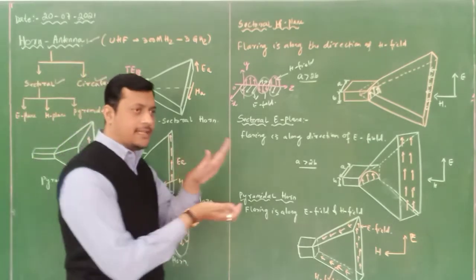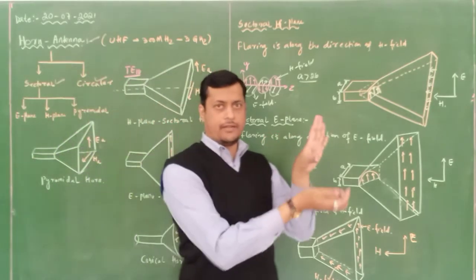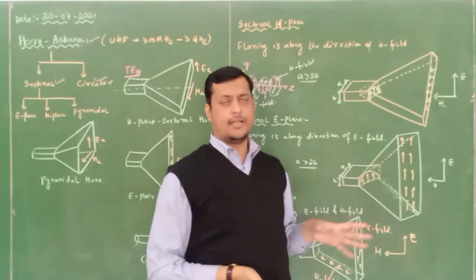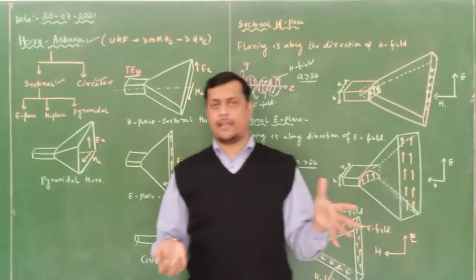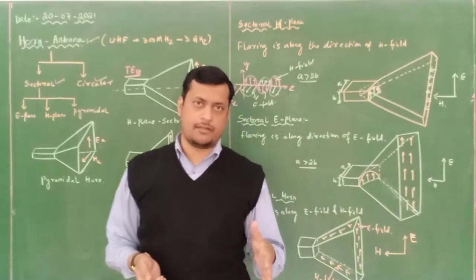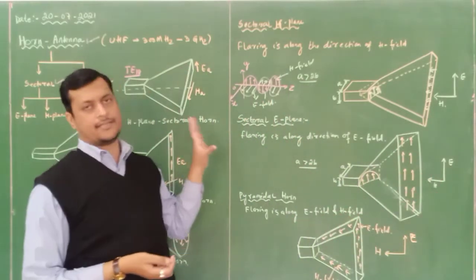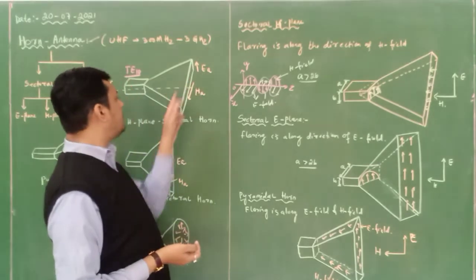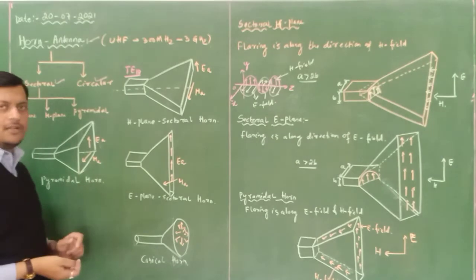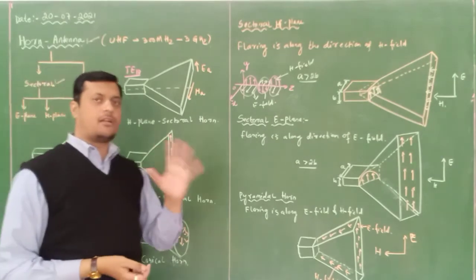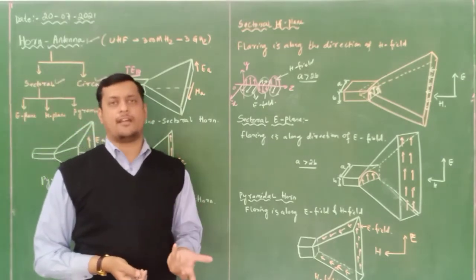Sectoral means a sector will be identified, either a 45-degree angle, a 60-degree angle, or a 120-degree angle; it depends on that flaring angle. So it will identify a particular sector. You can see there is a particular sector here, here also, and here also. Depending on the cross section, the sectoral antennas are identified.